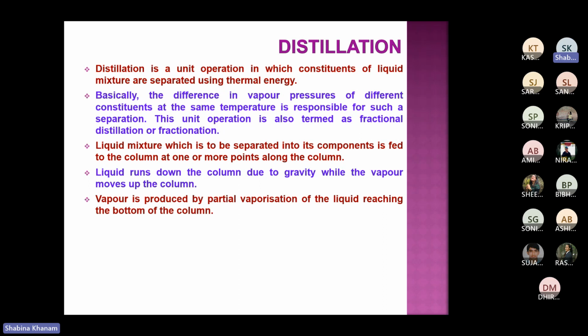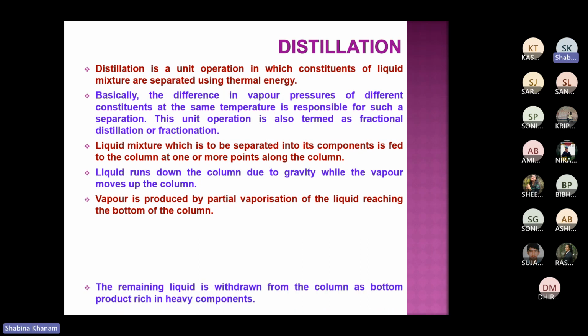Vapor is produced by partial vaporization of liquid reaching the bottom of the column, and that partial vaporization we consider in the reboiler. Okay, the reboiler is used to generate the vapor which is continuously fed to the distillation column, and which moves upward. But in between, vapor is not generated, vapor is only generated in the reboiler.